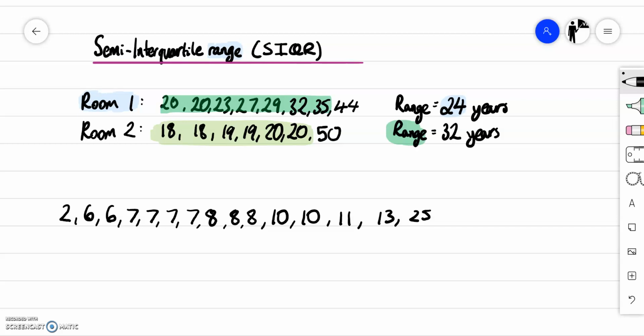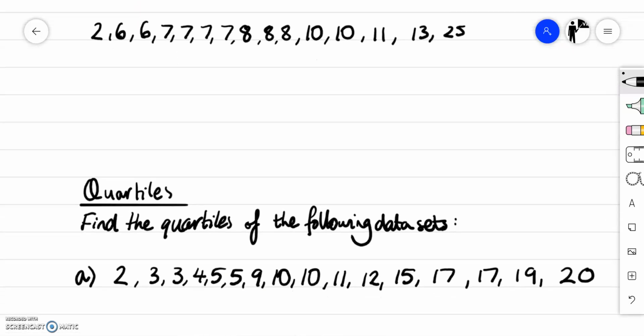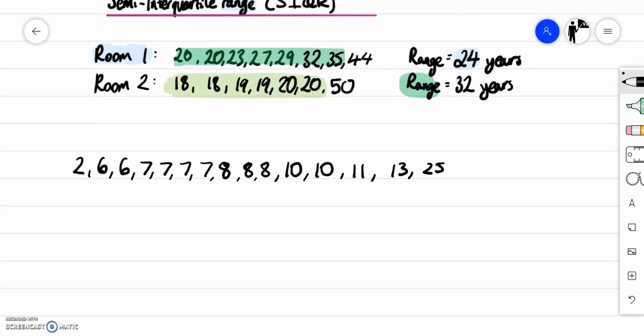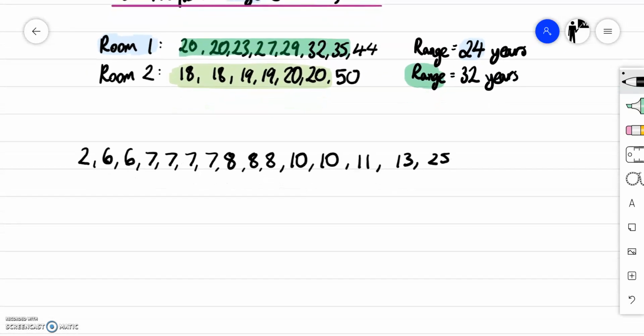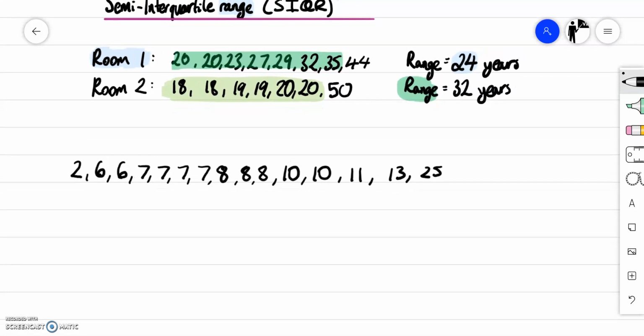To start off with, we're going to introduce the idea of quartiles. A quartile, hopefully you'll appreciate, is going to split something into 4 parts. But I just want to recap something before we get going. Here I've got an ordered list of numbers I'm going to ask you to copy down. It goes from smallest to highest.